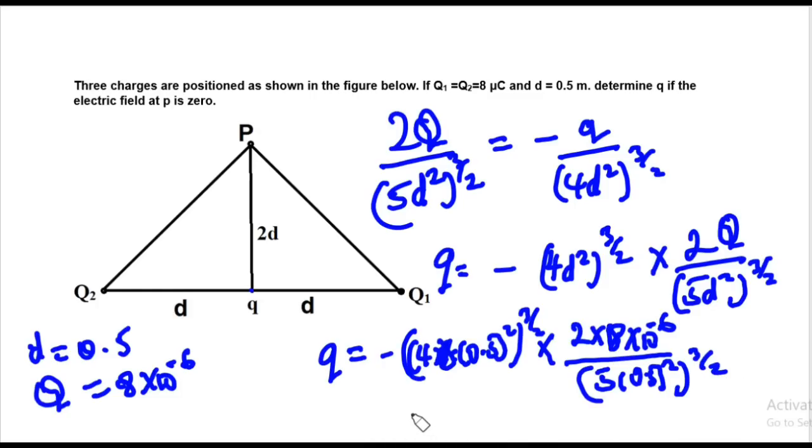If we resolve this math, this will give you minus 11 times 10 raised to the power minus 6. Of course, this is coulomb, so we can now have minus 11 microcoulomb. So the value of this charge Q is minus 11 microcoulomb.